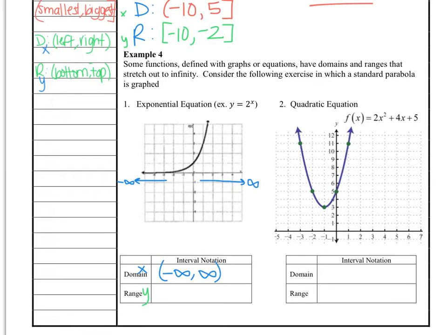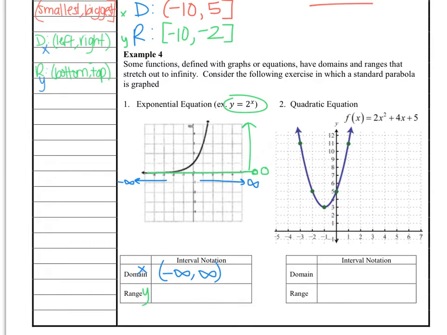Then for y's, I have to go from the lowest to the top. Well, the lowest that this graph will ever go for this equation, y equals 2 to the x, or any exponential equation for that matter, is 0. And it's actually an open circle at 0 because it's never going to hit 0. If I type this equation into a table, when I look for 0, I'm not going to see it because it's not ever going to hit it.